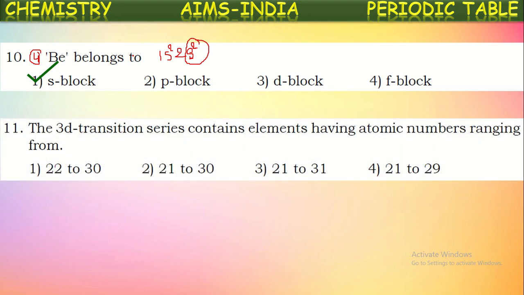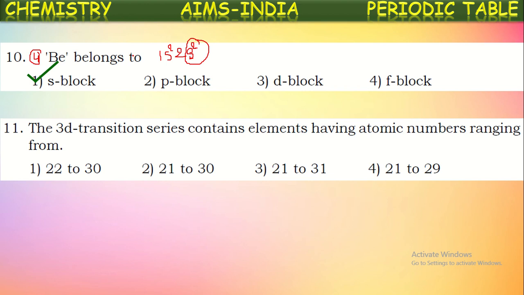Next one. The 3d transition series contains elements having atomic numbers ranging from... 3d transition series means the transition elements, that are d block elements, third B group to second B, the middle 10 columns of elements present between s block and p block, which are called transition elements or d block elements.